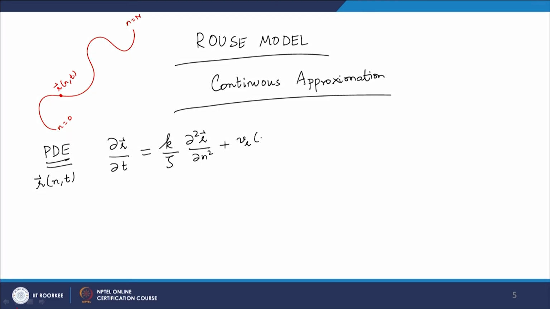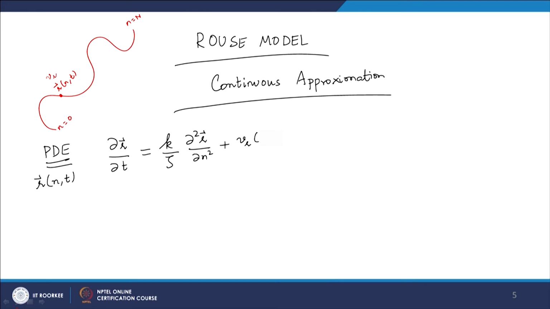So, of course, if I look closely, then the random force was different for different beads in the system, and therefore, the random force should also be a function of n, because since we have replaced the r n's by a continuous function r, which is a function of n and t, the random forces also differ for every bead.